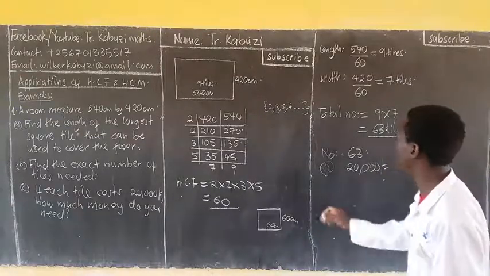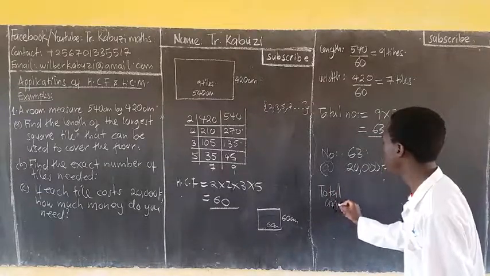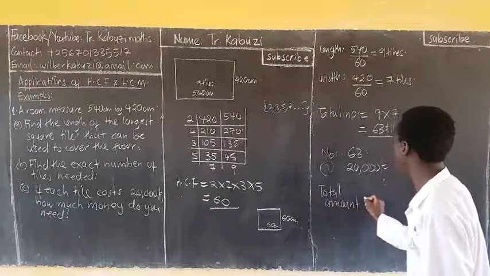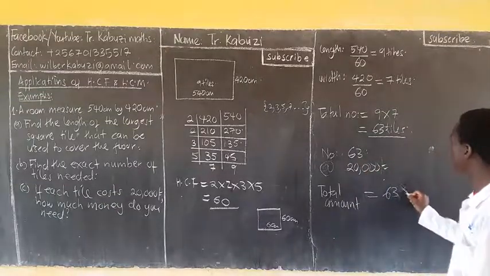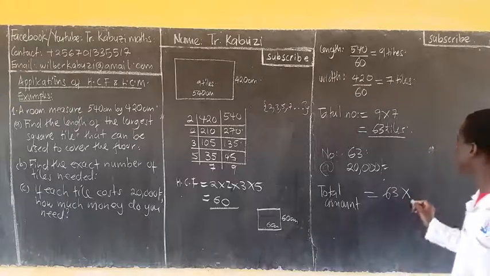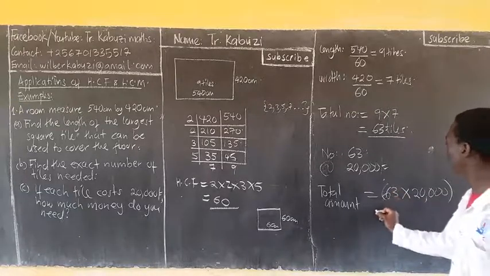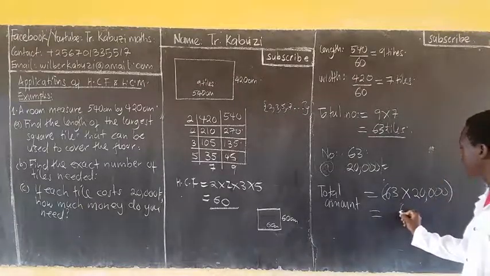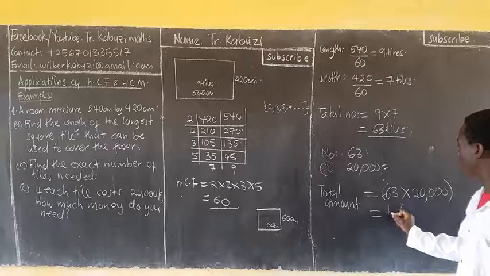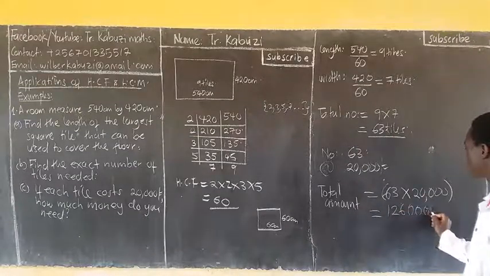Meaning that the total amount of money, I'll get the tiles I want, they are 63, then times the cost of each, which is 20,000, then this will be the amount. I think when you multiply here, you get 6, then this and this you get 120, then this 2 4 0 0 0 0 0.